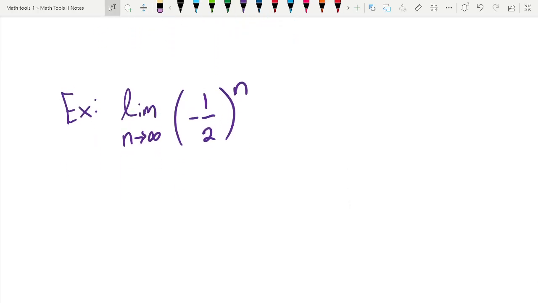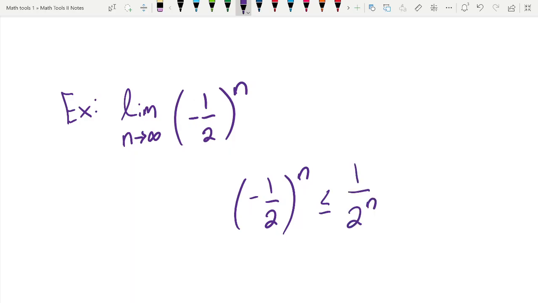So this idea that it flip-flops between the positive and negative numbers, we can write that using inequalities, right? Negative 1/2 to the n is less than or equal to 1 over 2 to the n, which would be the positive version of it, and greater than or equal to negative 1 over 2 to the n, which would be the negative version of it.